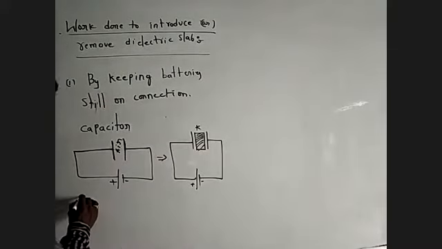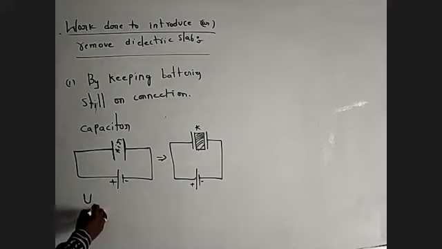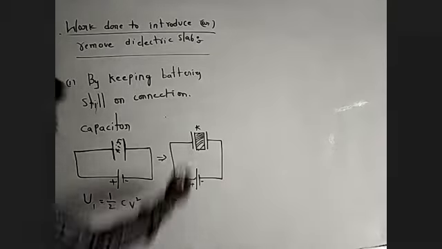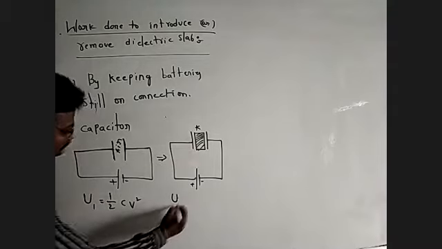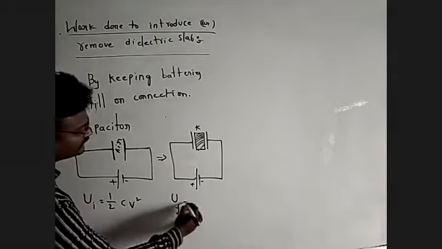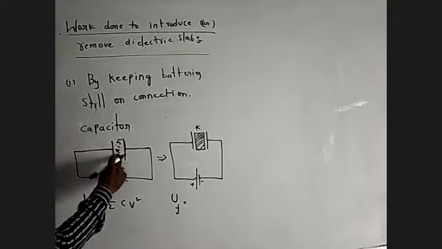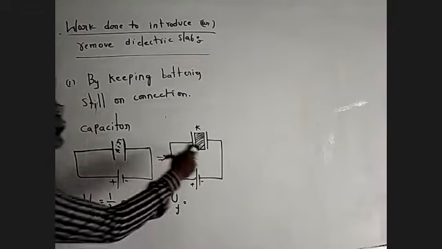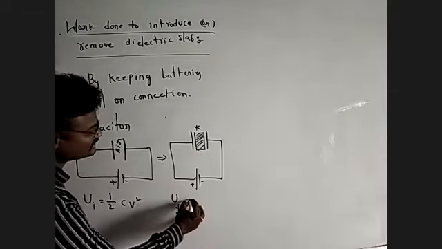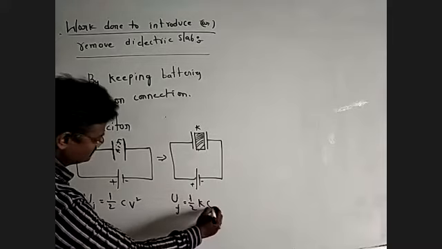So what is the energy formula? Initial energy is equal to half CV square. For the final energy, where the dielectric slab is between the two plates, it is half KCV square.